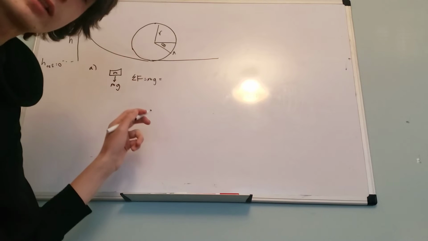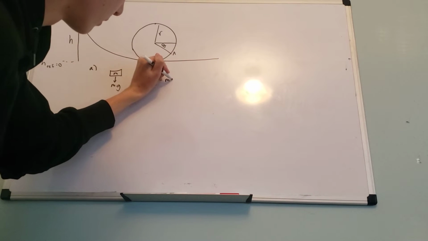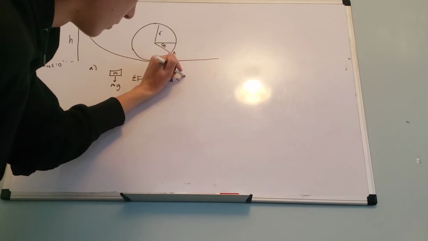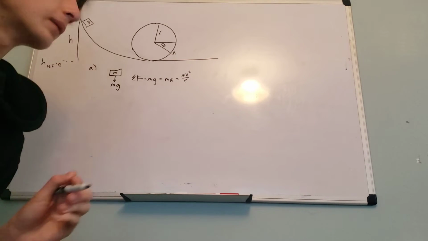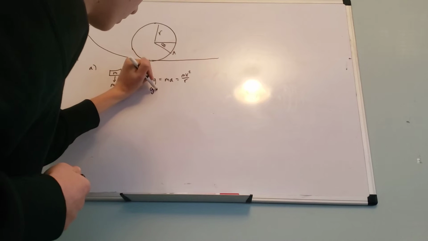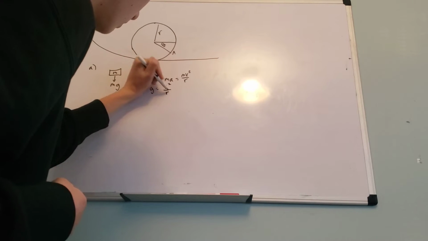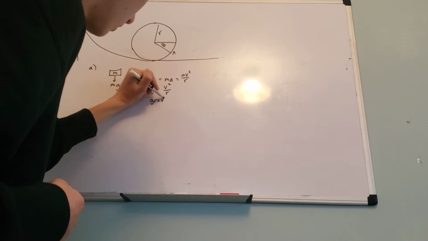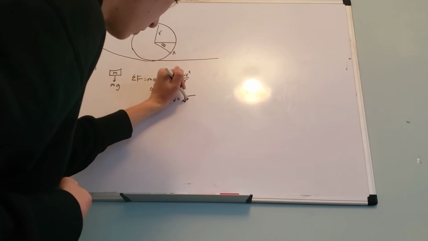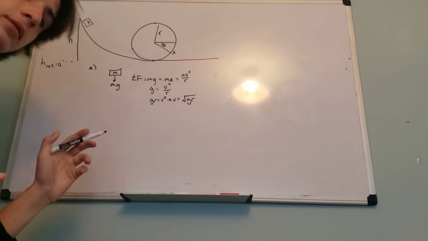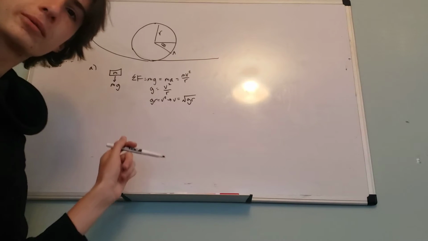So sum of forces equals mass times acceleration. There we go. Now we just cancel out the m's. Okay, so that is our velocity at the top of the roller coaster.